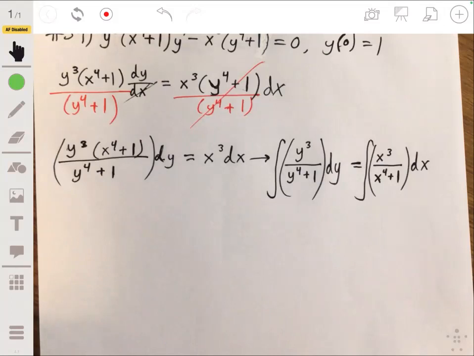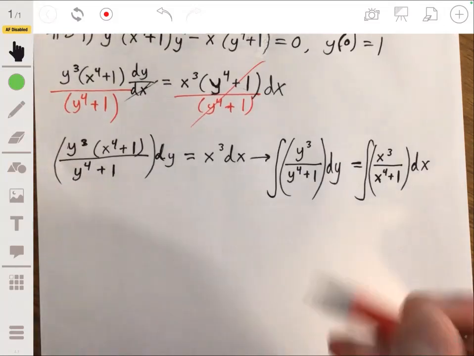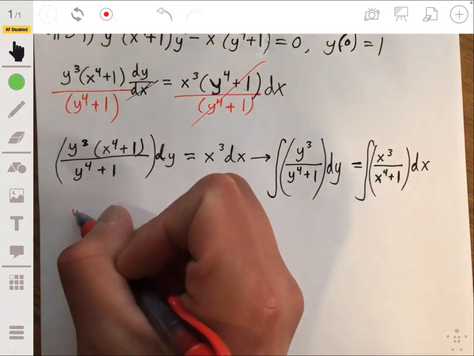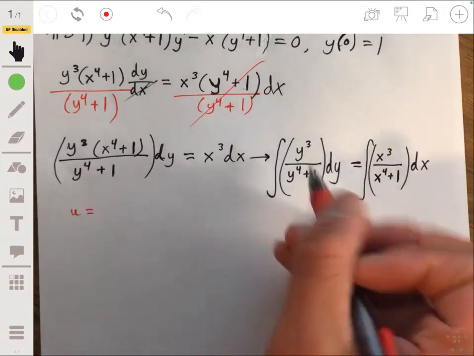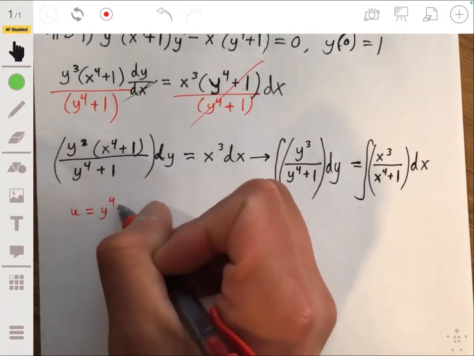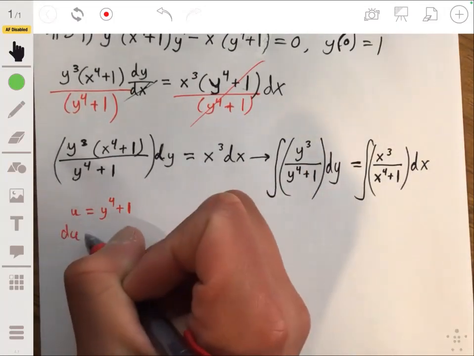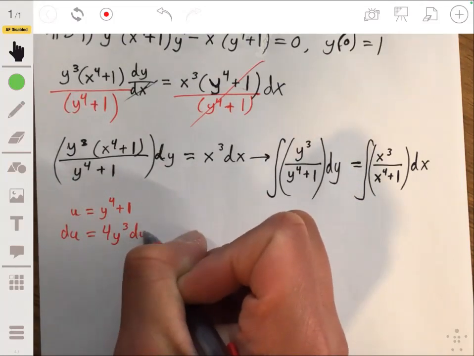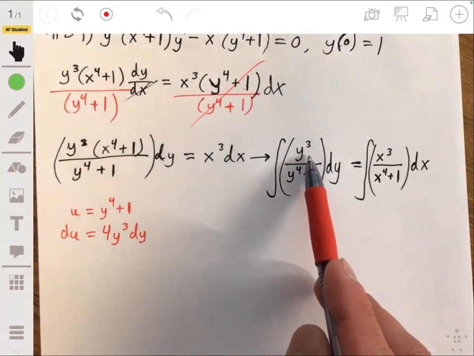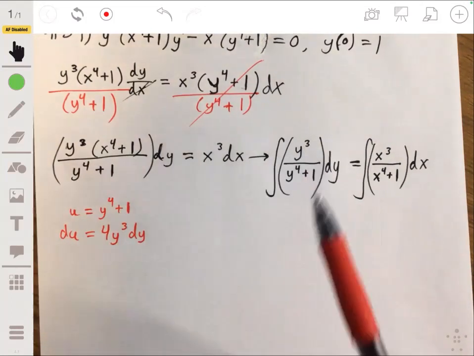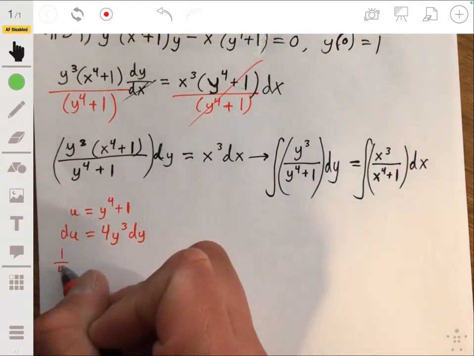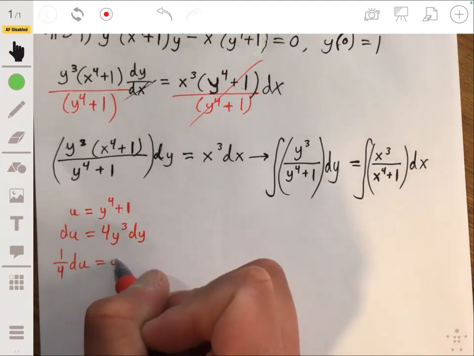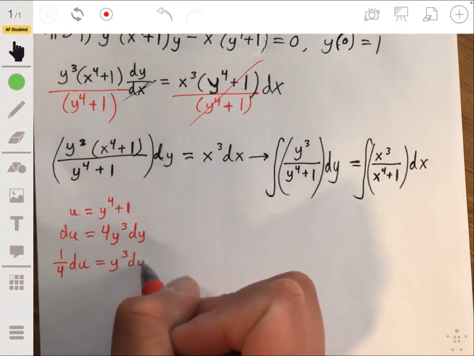We'll use a u and a w, I guess. Make u the denominator, u equals y to the fourth plus 1, then du will be 4y cubed dy. We don't have 4y cubed, but we have y cubed. So we can have 1/4 du being equal to y cubed dy.